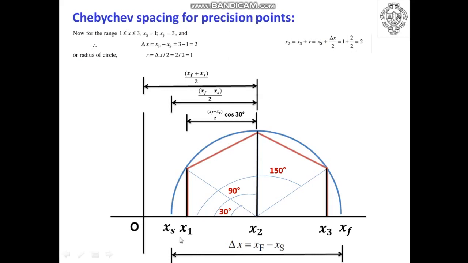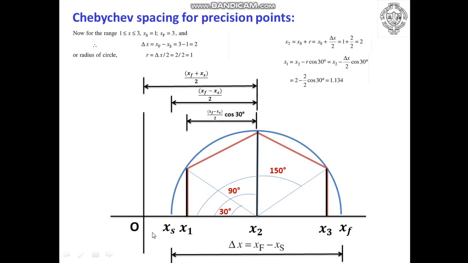Similarly, if I want to find out the value of x1, we can consider the formula x2 minus r cos 30. Now let us find out what x2 is. x2 is nothing but the distance between O and point x2. So the distance between O and x2 is the value of x2 minus r cos 30. What is r cos 30? We have already written here. r cos 30 is nothing but the distance between x1 and x2.